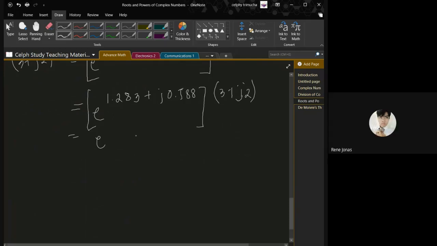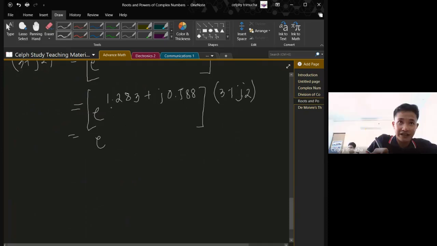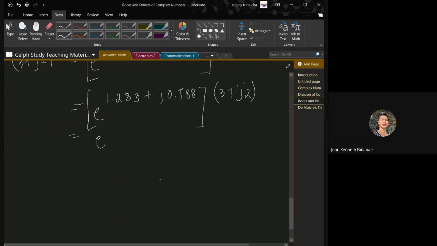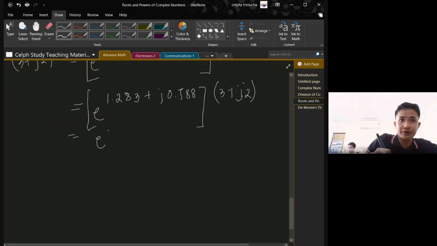Sir, 1.41 ang ano. Ari lang. Pila yung 1.41? 1.41.